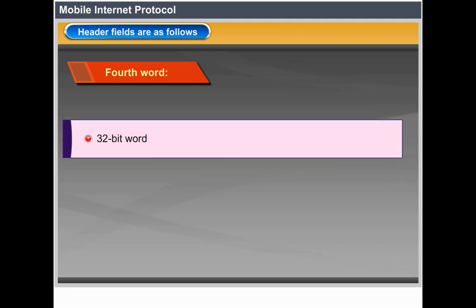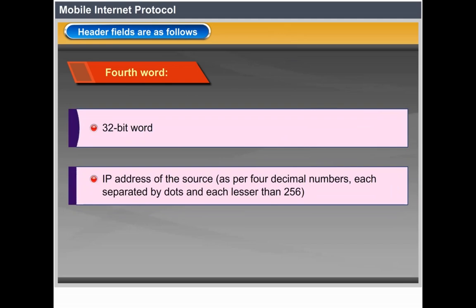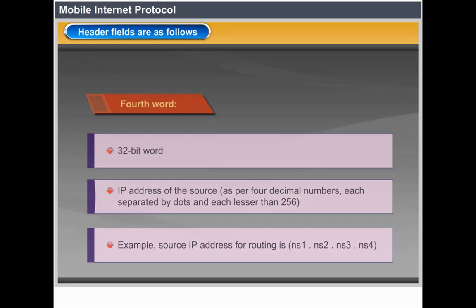Fourth word: a 32-bit word. IP address of the source as 4 decimal numbers, each separated by dots and each lesser than 256. Example: the source IP address for routing is ns1.ns2.ns3.ns4.